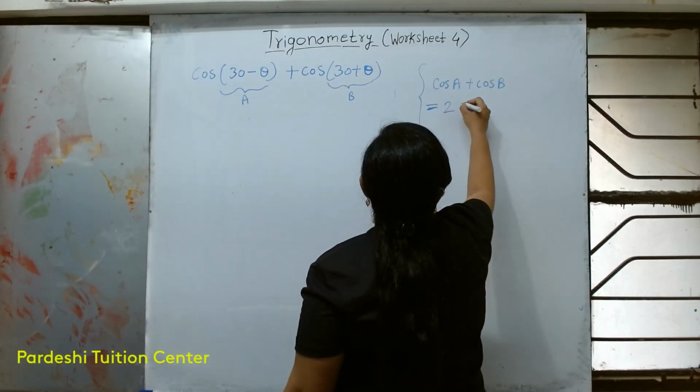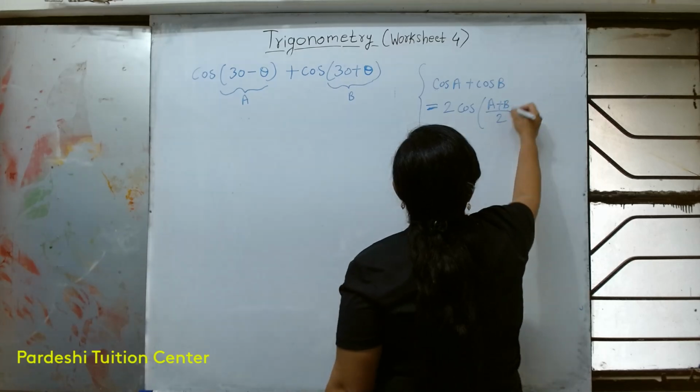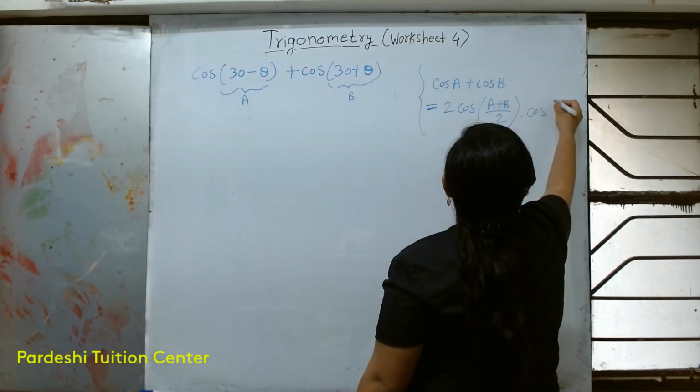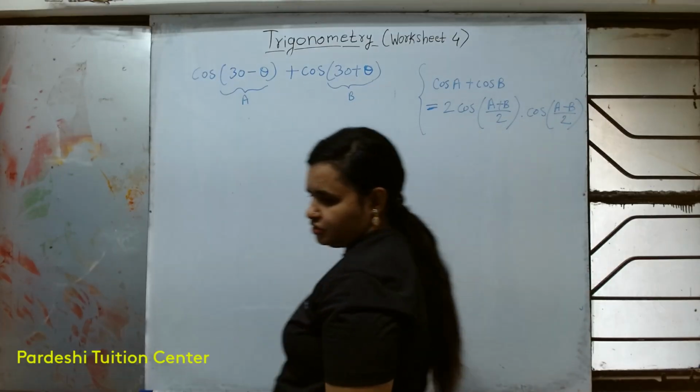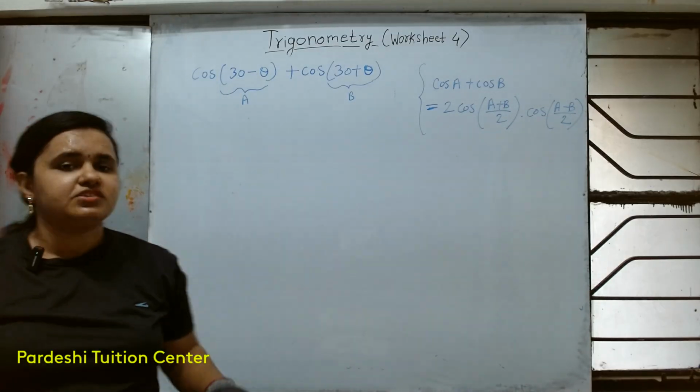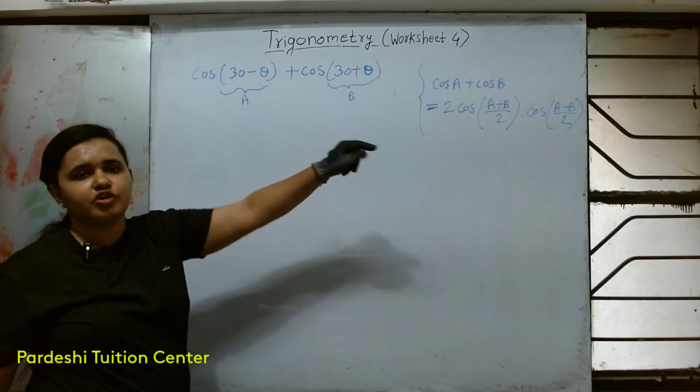So that was 2 cos of A plus B by 2 into cos of A minus B by 2. Okay, cos A plus cos B is 2 cos A plus B by 2 cos A minus B by 2. So we will again apply that formula here.